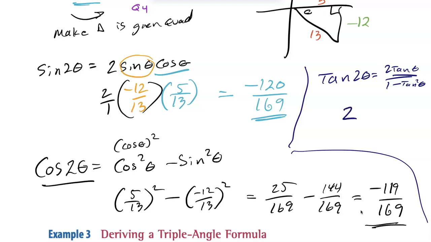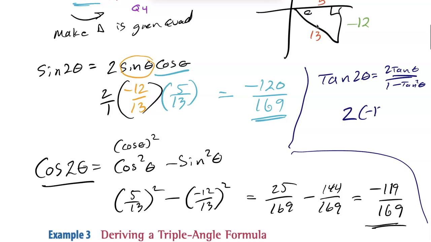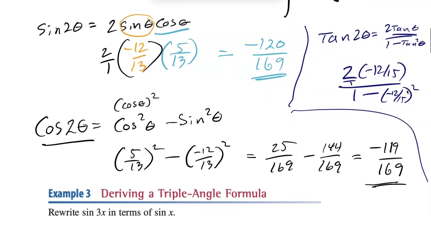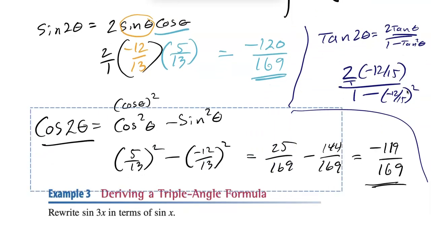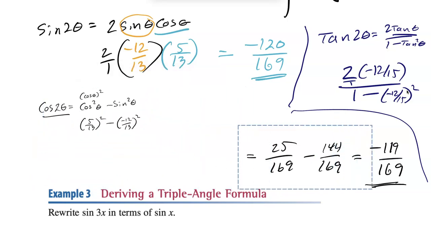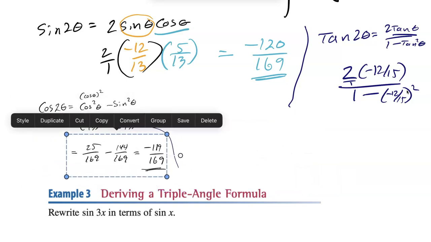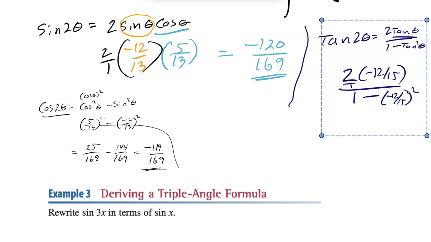So 2 times tan would be negative 12 over 15 over 1 minus tan squared. So negative 12 over 15 squared. It's over 1. Oh, I need space. Okay, then I can move this.